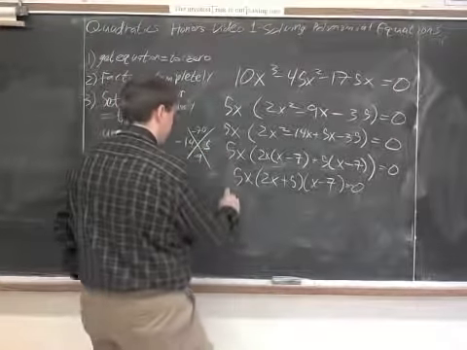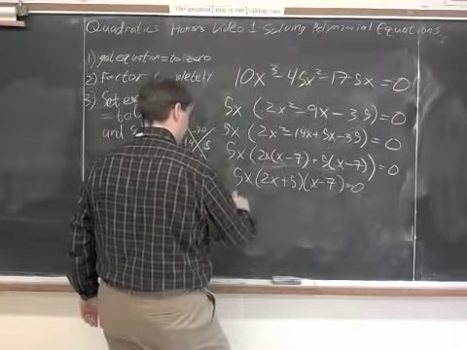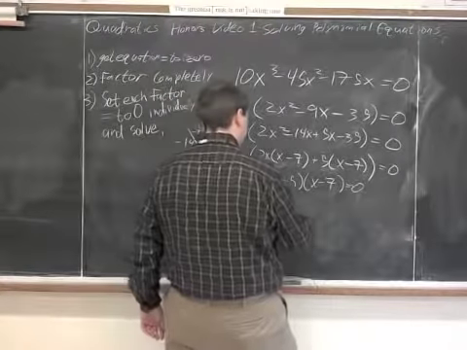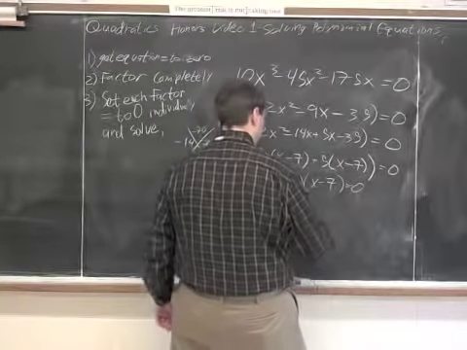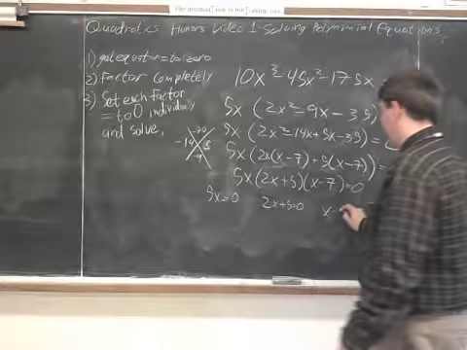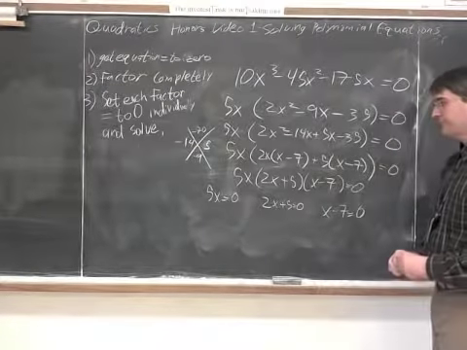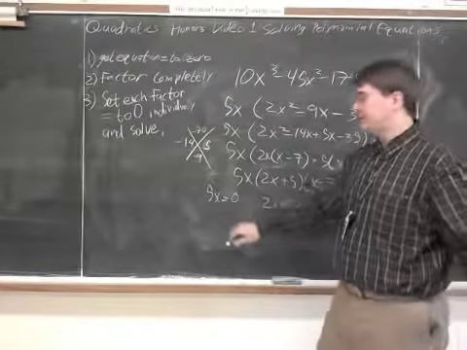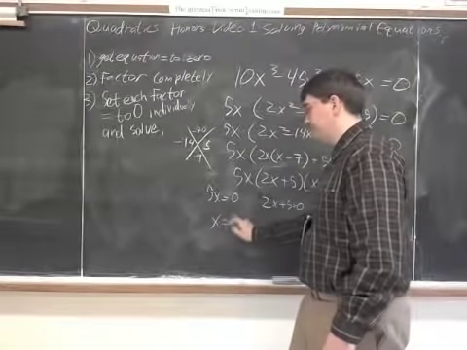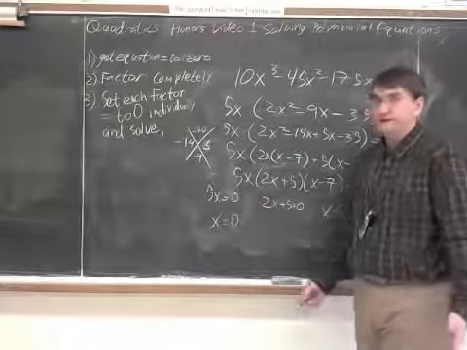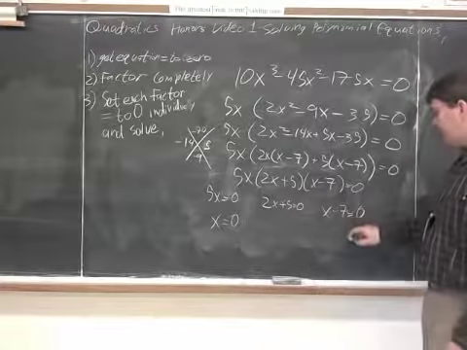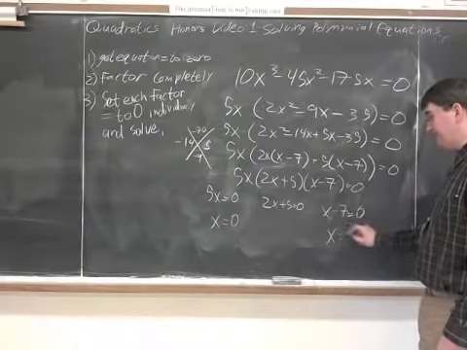We can say that 5x equals 0, or 2x plus 5 equals 0, or x minus 7 equals 0. 5 times x equals 0 means x equals 0. x minus 7 equals 0 means x equals 7.